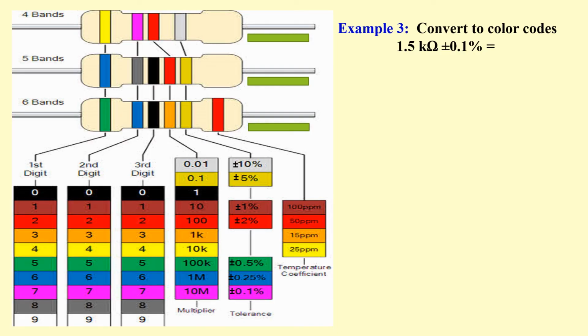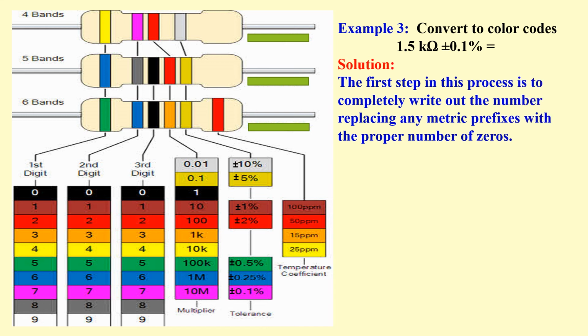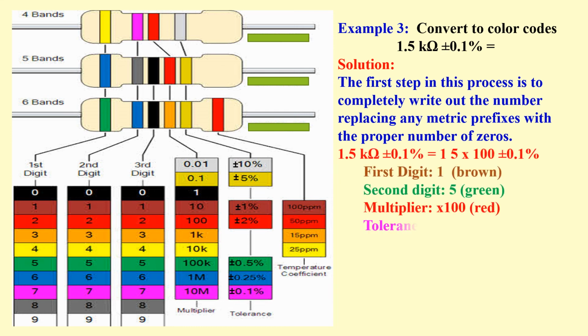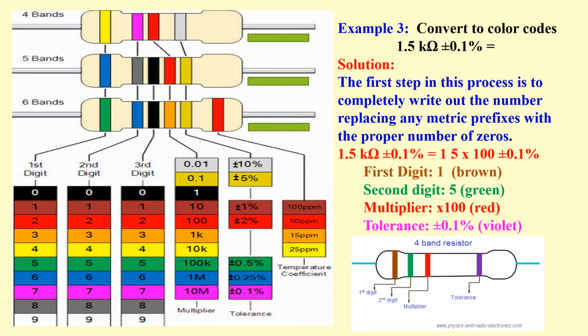Example number 3. Convert to color codes 1.5 kilo ohms plus minus 0.1%. Solution. The first step in this process is to completely write out the number, replacing any metric prefixes with the proper number of zeros. So, 1.5 kilo ohms plus minus 0.1% is the same as 1.5 times 100 plus minus 0.1%.